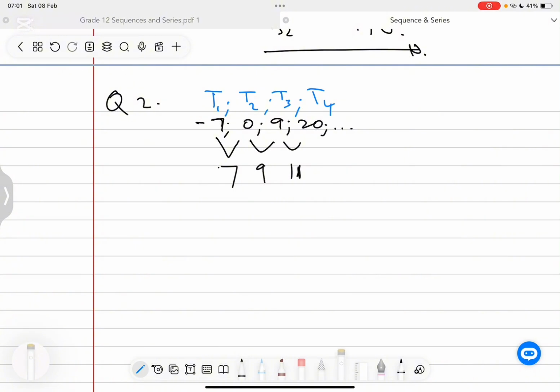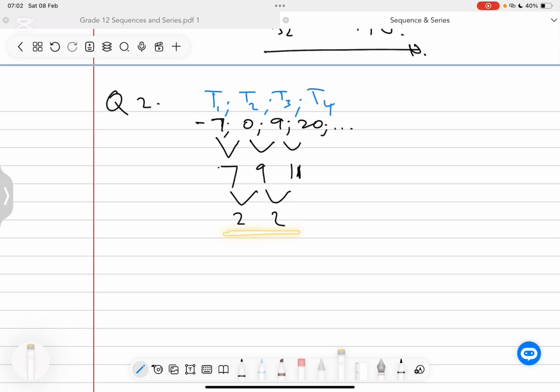Now, here we can see that we don't have a common difference, so this cannot be an arithmetic sequence. So I can continue to find the difference of the first differences, to see if we have a second difference. 9 minus 7 gives us 2, and 11 minus 9 is also giving us 2.